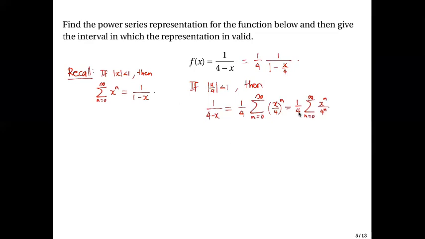And since 4 is independent of n, we can put it inside the series so that 1 over 4 minus x can be written as the sum from n equals 0 to plus infinity of x to the n over 4 raised to n plus 1. And take note, we have this assumption: the absolute value of x over 4 is less than 1. So this power series representation is valid in this interval.